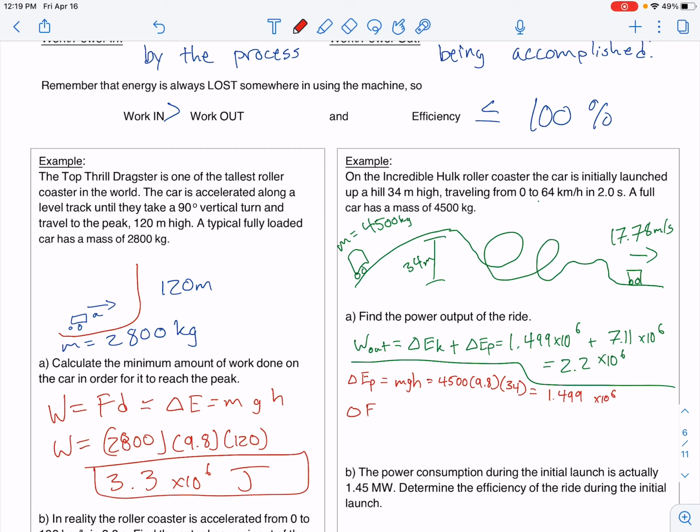My change in kinetic is 1/2 mass times final velocity squared, which is 1/2 times 4,500 times the velocity squared.